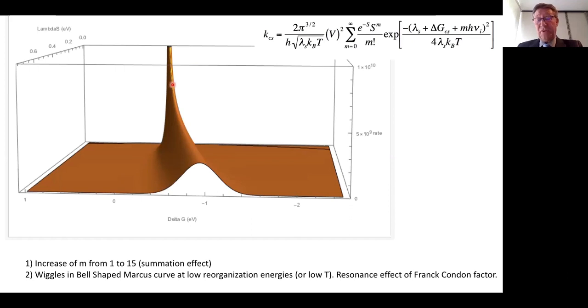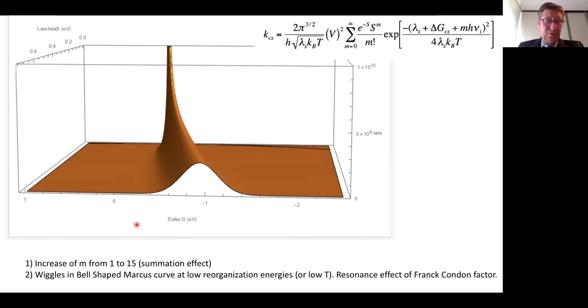Now, actually, this here is not the classical Marcus expression, but the semiclassical Marcus expression with m from 1 to 1, so just with one exponential term. But basically the classical Marcus expression looks the same.